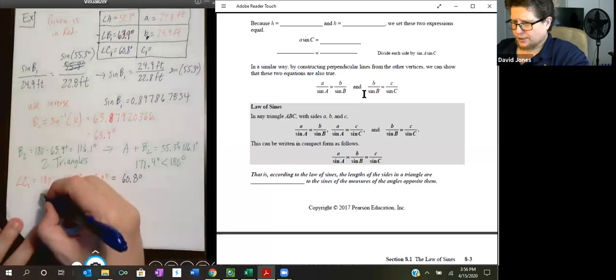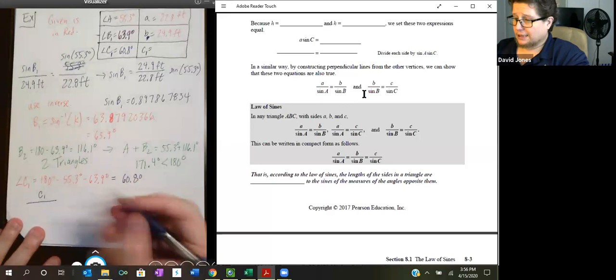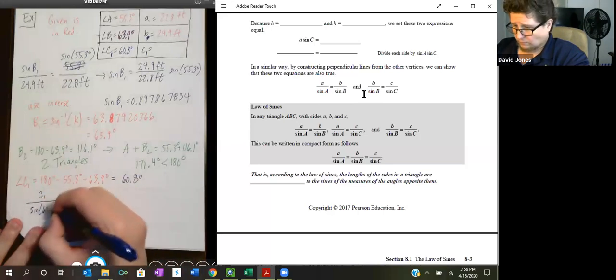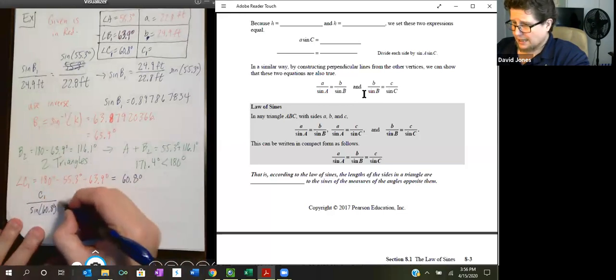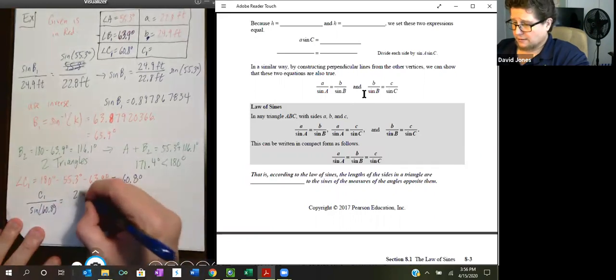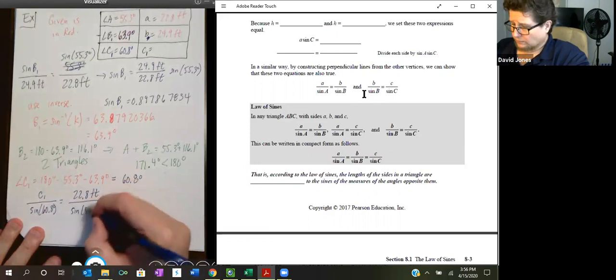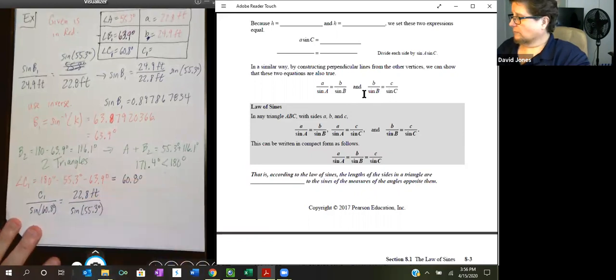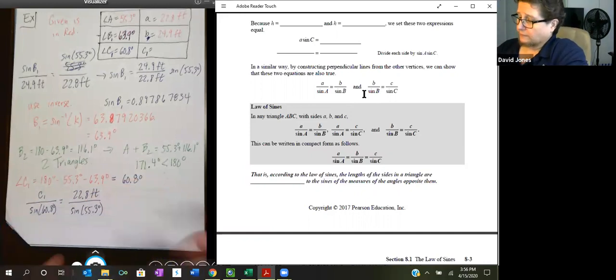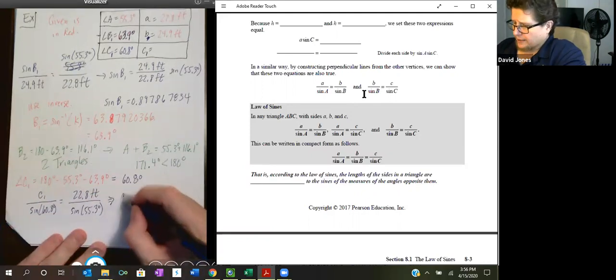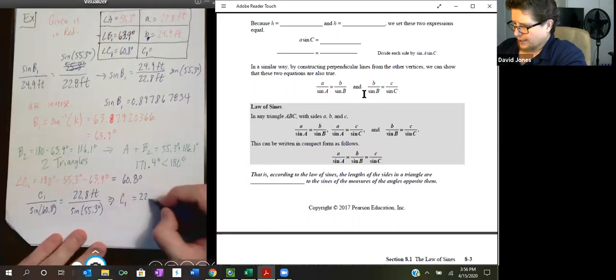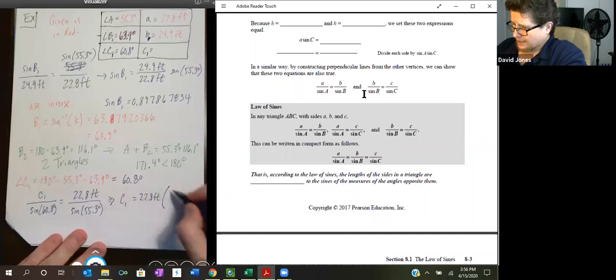And now we'll do C1 over sine of C1 equals, I'm going to use A. C1 is 22.8 feet times sine of 60.8 over sine of 55.3.